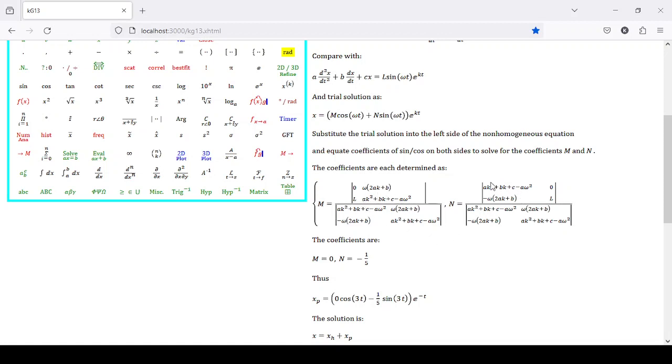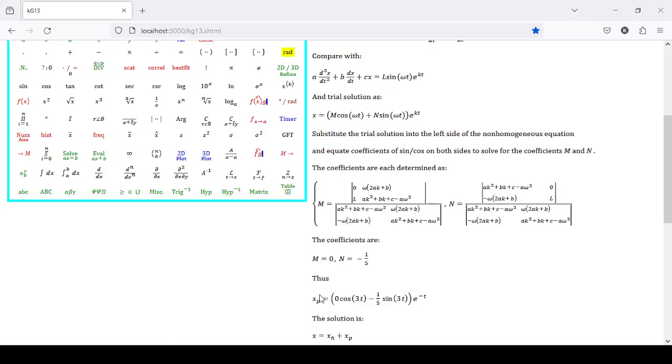The top determinants nearly look like the bottom, except when we calculate m, the first column that you see here is replaced with 0 and L. When we calculate n, the second column is replaced with 0 and L. So we can determine m and n directly, and they are our undetermined coefficients. We determine them to be 0 for m and minus 1/5 for n.